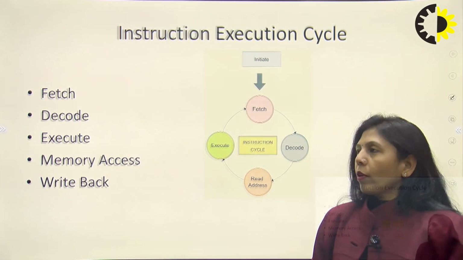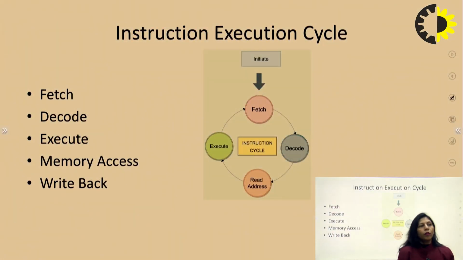The instruction execution cycle consists of these 5 steps: fetch, decode, execute, memory access, as well as write back. Whenever there is an instruction to be fetched from the memory, the processor needs to fetch that instruction, and then as per the requirement, it's decoded. Then finally, the operands are fetched from the destination.